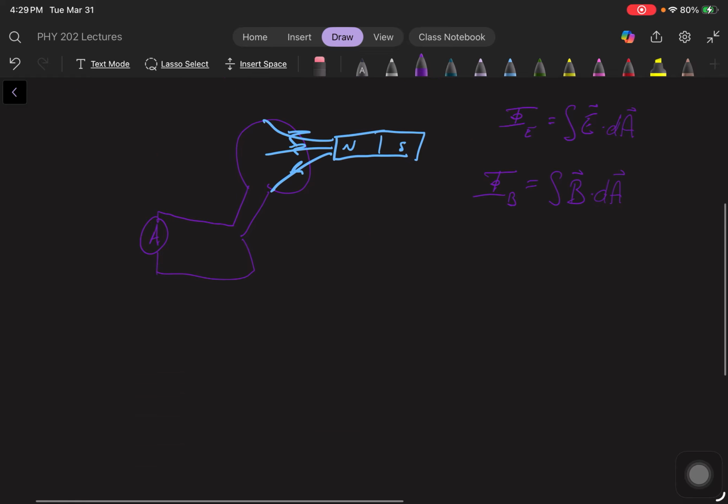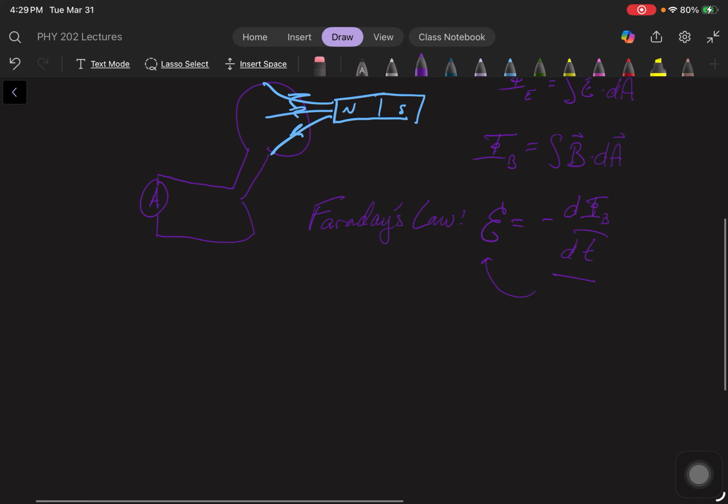And so what Faraday's law tells us is that you can generate an EMF equal to negative d phi dt, where capital phi is our flux. The change in flux generates a potential, an EMF, a voltage, however you want to say it.